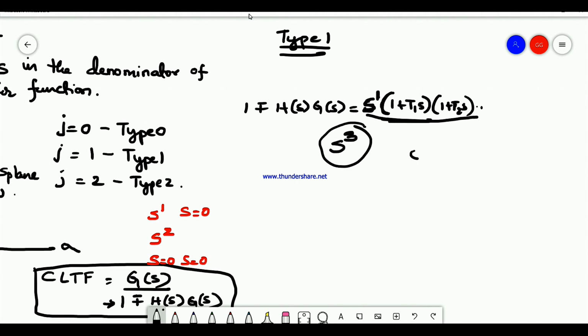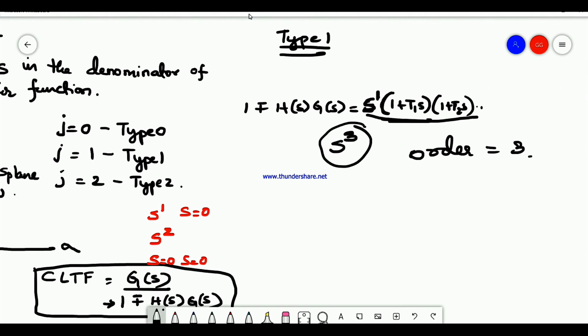Therefore the order of the system would be equal to 3, whereas the type of the system is type 1. This is the definition of order of the system and how it differs from the type of the system.